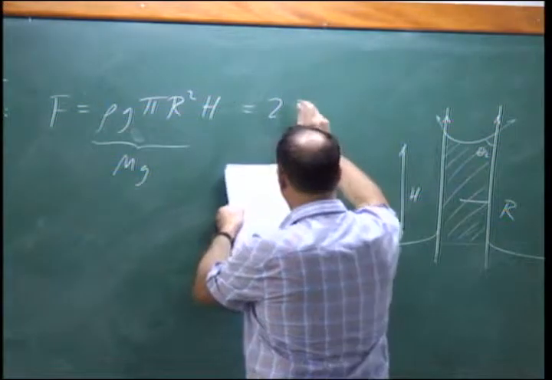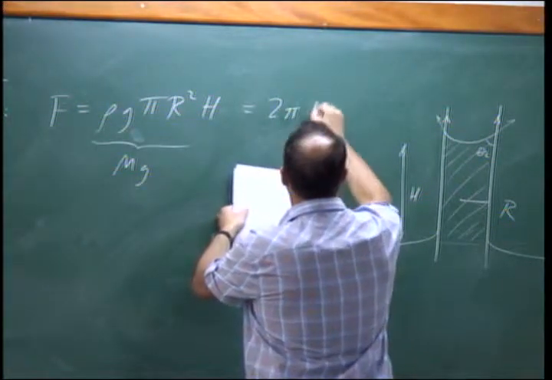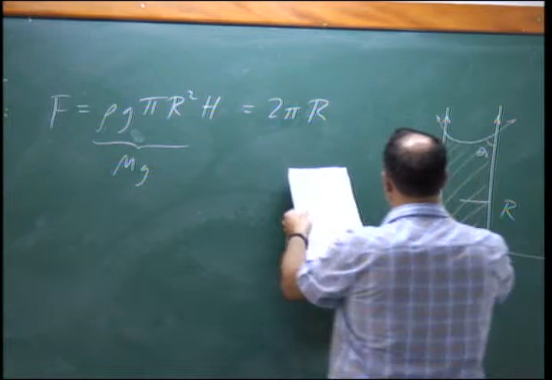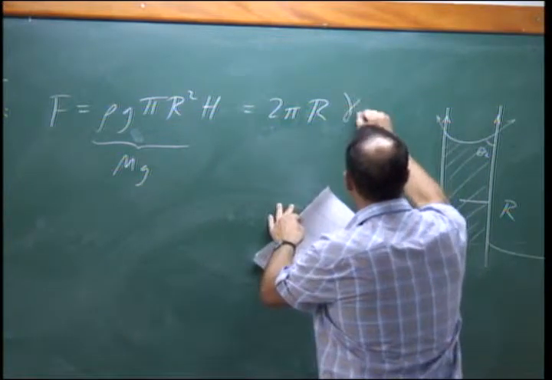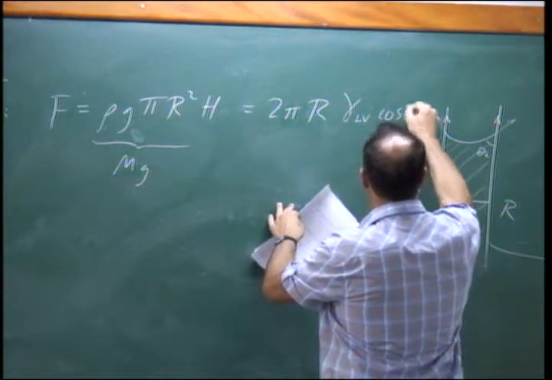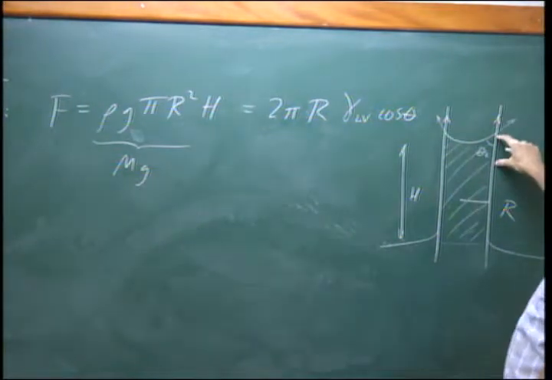So it's going to be 2 pi r and then sigma LV cos theta. So you can also subtract this minus that, right?